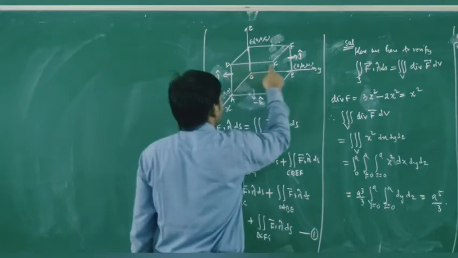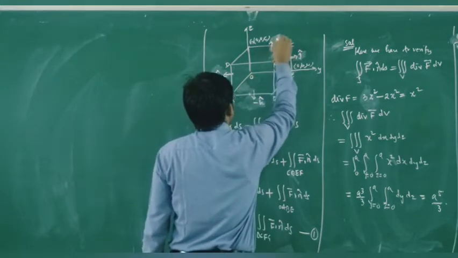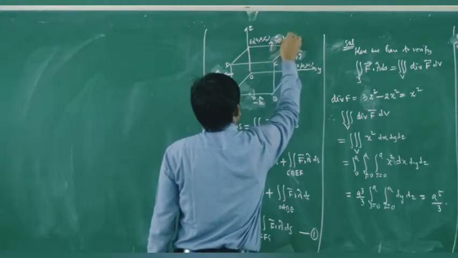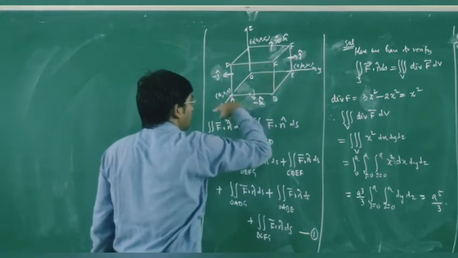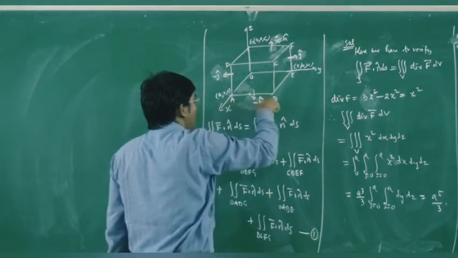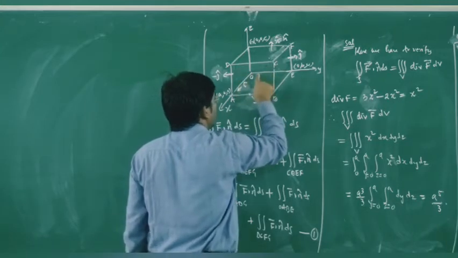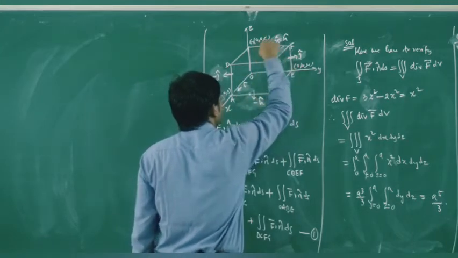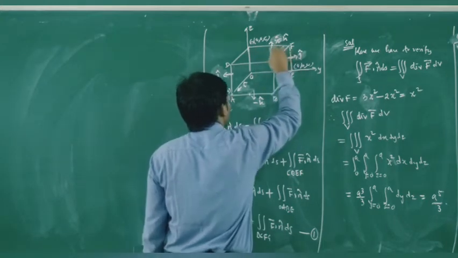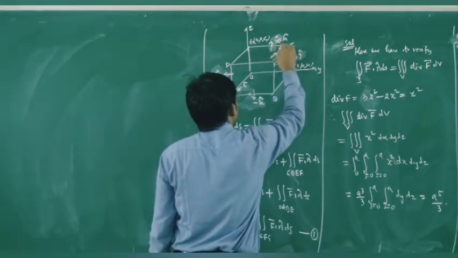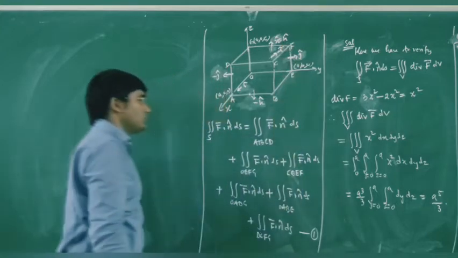For this part DCFG, our unit normal will be k. For this part ABCD, your unit normal will be i. And for this part OEFG, your unit normal will be minus i. So we have these unit normals.